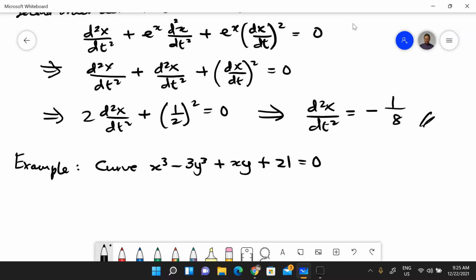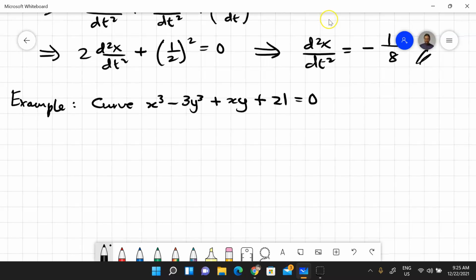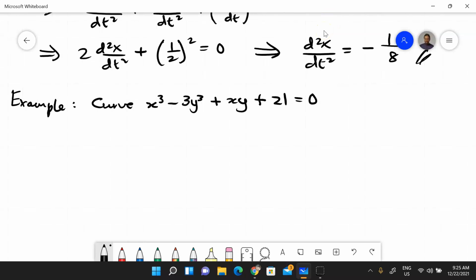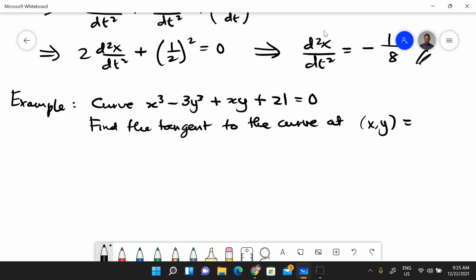So again, what do you do in this particular case? Okay, the question, let me write down the equation first. So given this curve, find the tangent to the curve at the point (x, y) equals (1, 2), I think.